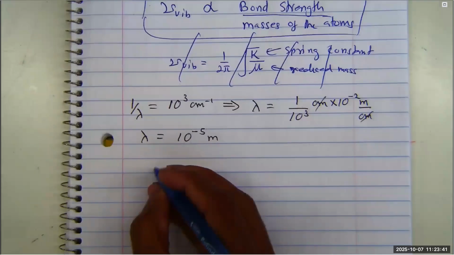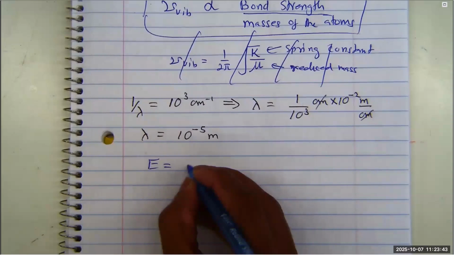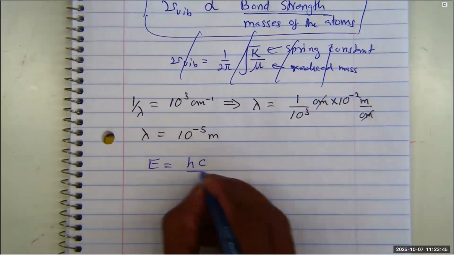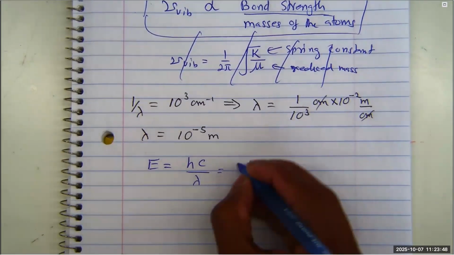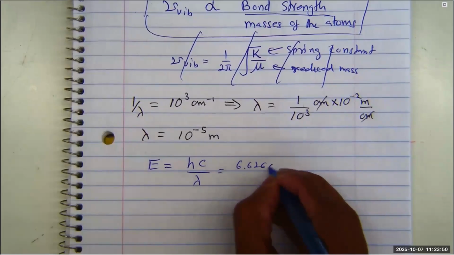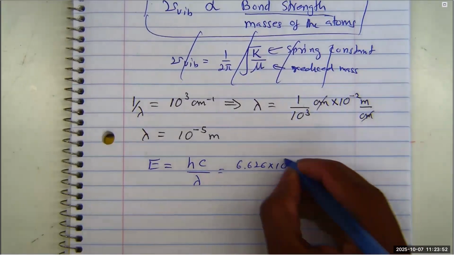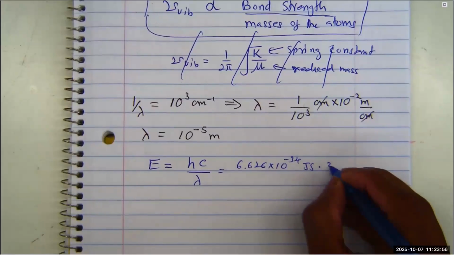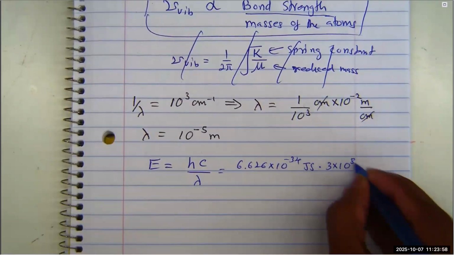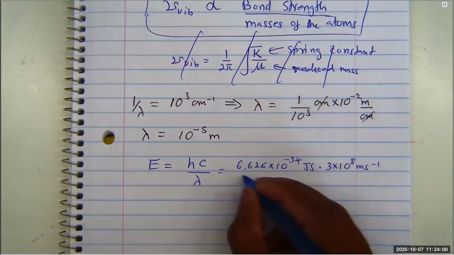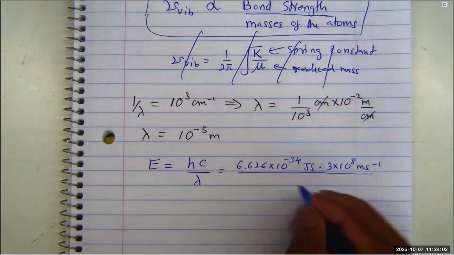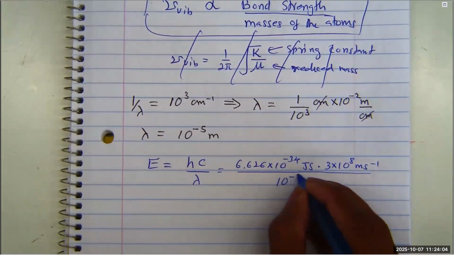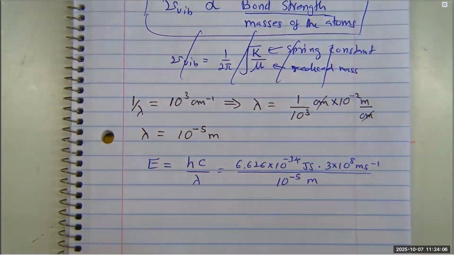And then we know our equation to calculate the energy is E equals hc over lambda. h is 6.626 times 10 to the power of negative 34 joule seconds, and c is 3 times 10 to the power of 8 meters per second, and divide this by the wavelength, which is 10 to the power of negative 5 meters.